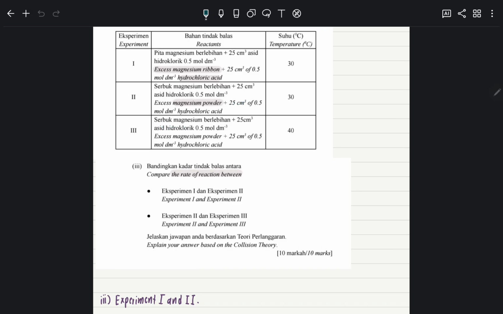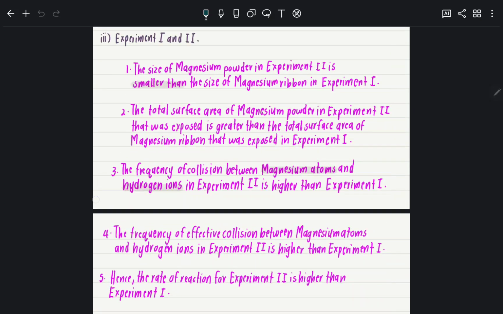Experiment 2 and 3 is about temperature. I'm going to explain how we can compare the rate of reaction between experiment 2 and 3 in terms of temperature, because in experiment 2 and 3 everything is the same but the temperature is different. And we know that one of the factors that influence rate of reaction is temperature. So the next one would be everything about temperature.